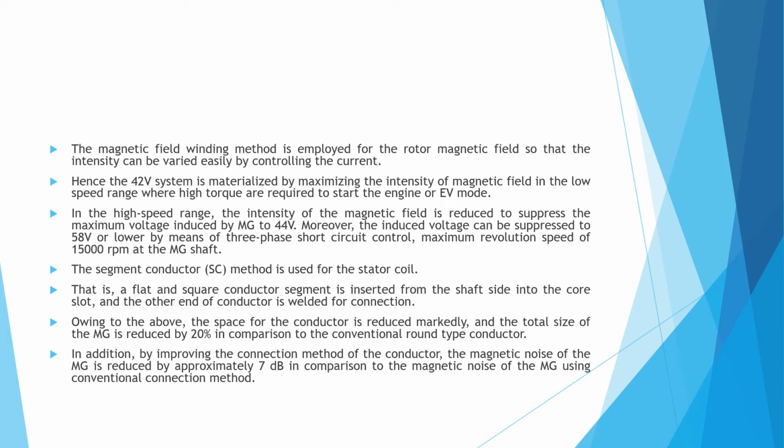Moreover, the induced voltage can be suppressed to 58 volt or lower by means of three-phase short circuit control. Maximum revolution speed is 15,000 rpm at the MG shaft.